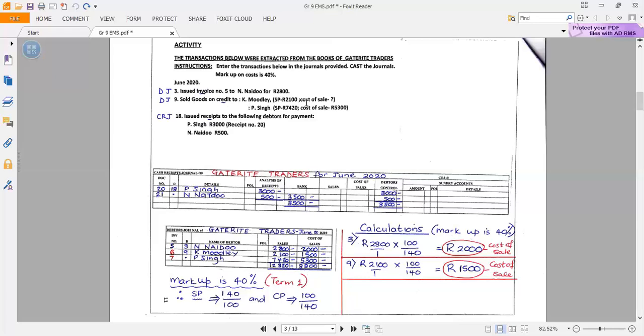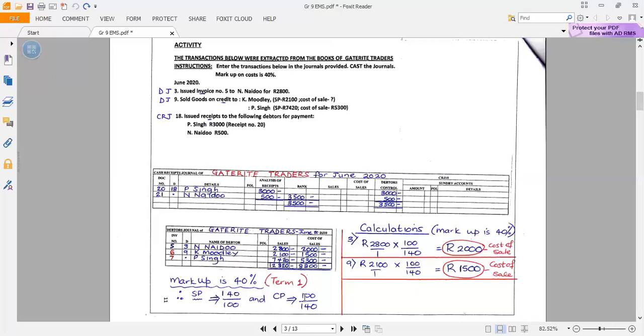Here I have to calculate the cost of sales again. So I am going to go to my calculation. I will always provide you a little place in your answer sheet during exams for you to complete your calculation. So let's go there under calculation. On the 9th, I start with what is given, that is 2,100. That's in my transaction, multiplied by 100 over 140. Remember, learners, I need to calculate cost price.